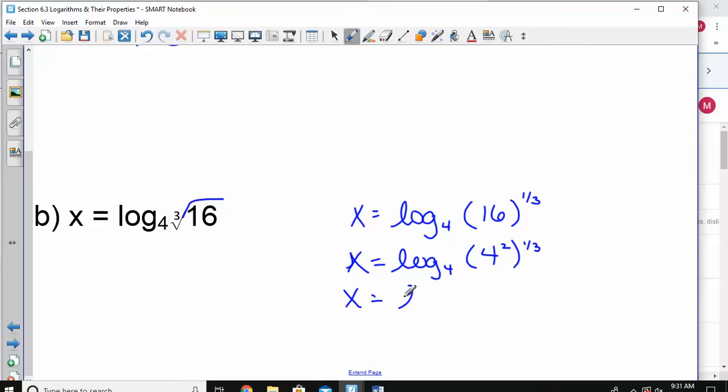So what you really have is log base 4 of 4 to the 2/3 power, so what's this equal? 2/3. I'm going to put 3 up here, give you just a few seconds to write down the answers for each, and then I'm done.